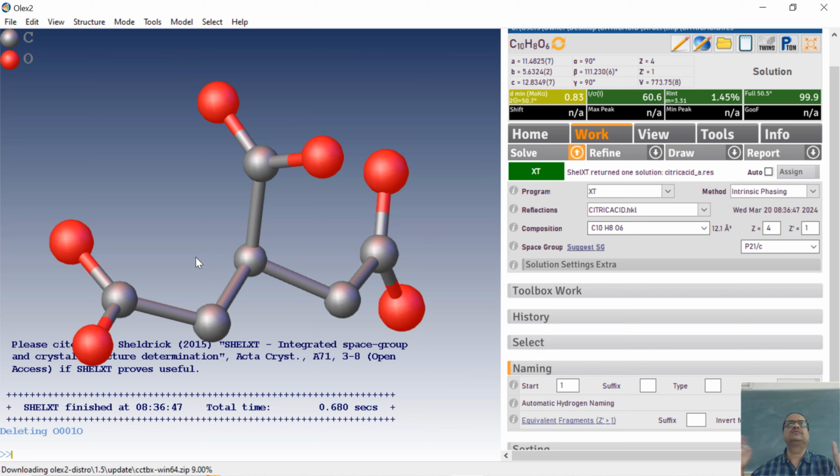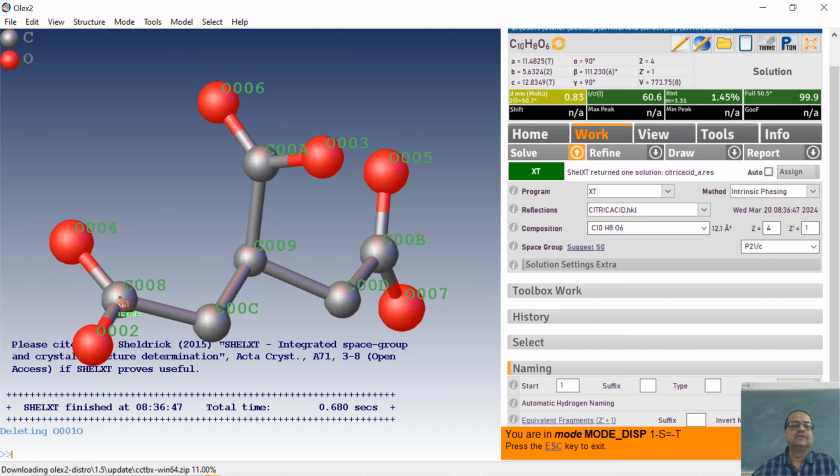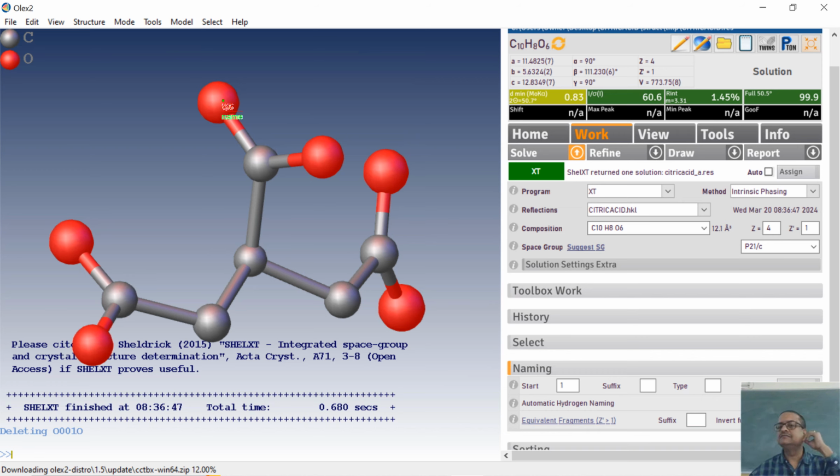Suppose the structure solution program did not give me this atom. One atom is missing. So we first name the atoms: carbon 1, 2, 3, 4, 5 and 6. Press escape. Then again you name the oxygen atoms: 1, 2, 3, 4, 5, 6. That's all.